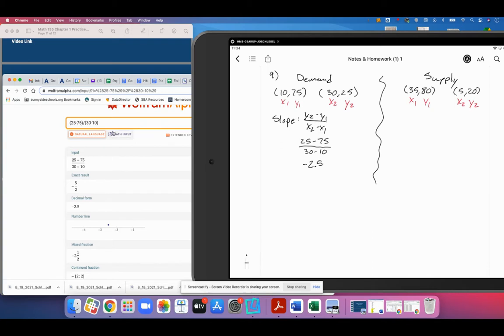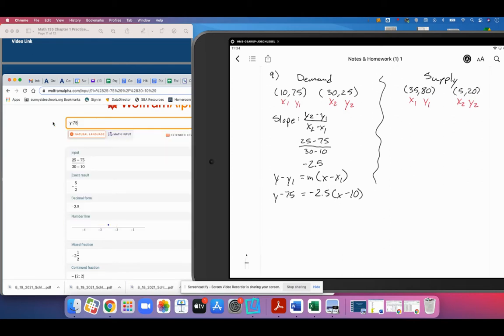And so we can go ahead now and put that into the point slope form. y minus y1 is equal to m times x minus x1. And we get y minus 75 is equal to negative 2.5 times x minus 10. Again, giving that to Wolfram to get the alternate form that we prefer.